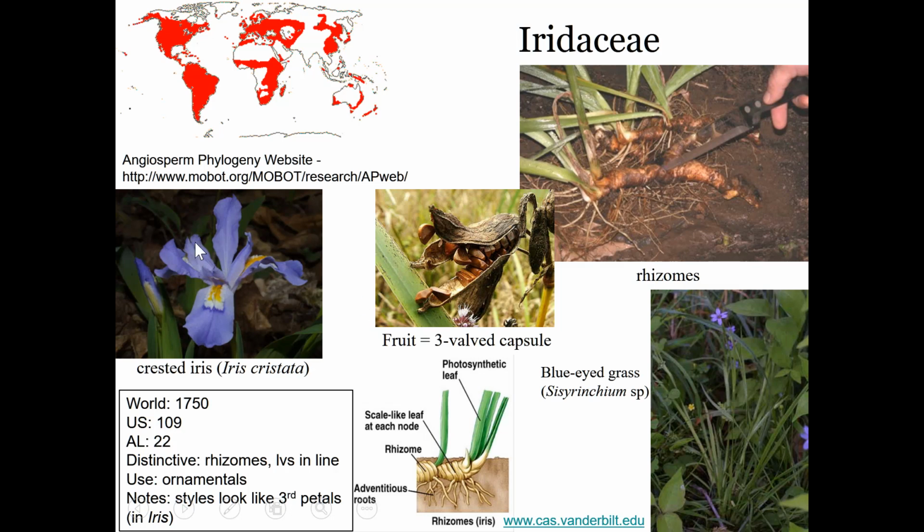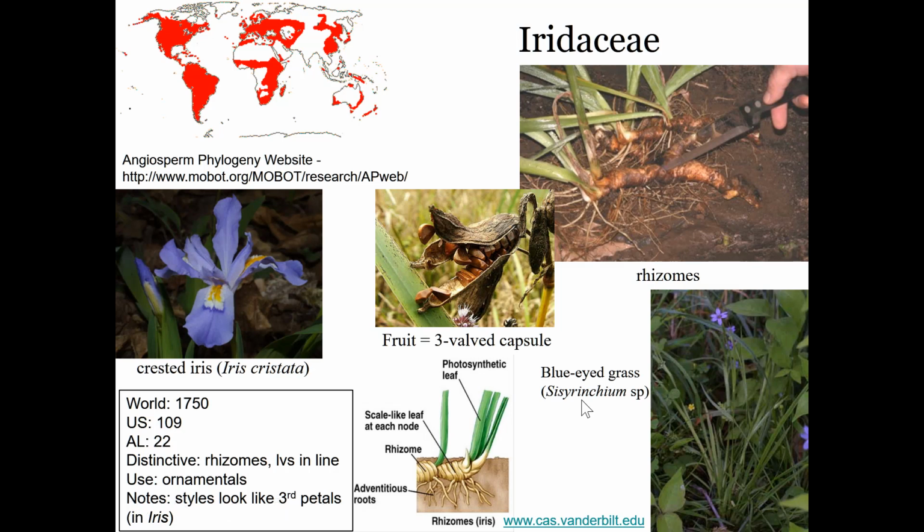With the flowers, very unique, very easy to identify, at least irises. But whenever you see plants growing in a line like this, you can put them in the Iridaceae fairly confidently. There's one plant that can be fairly easy to overlook until it flowers, and that is plants in the genus Sisyrinchium, or blue-eyed grasses.